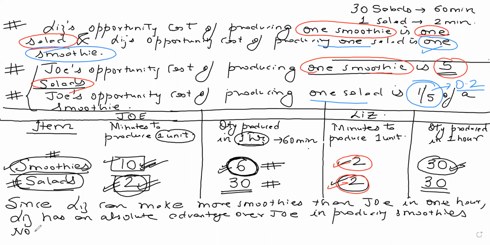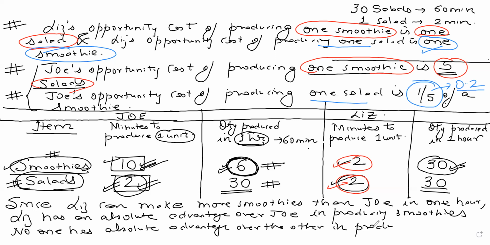I can write: no one has absolute advantage over the other in producing salads. So although Liz has absolute advantage over Joe in making smoothies, no one has absolute advantage over the other in producing salads because both are producing 30 salads in 1 hour.